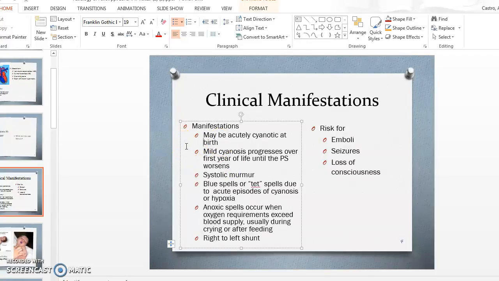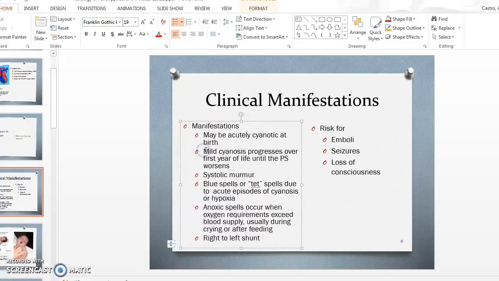It is also possible, depending on the nature of the defects or how severe they are, that the baby will not be acutely cyanotic at birth, which means very blue right away. Maybe this will progress over the first year of life, as the pulmonary stenosis worsens.